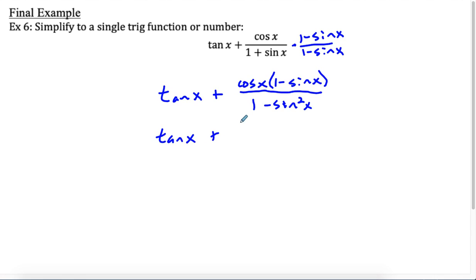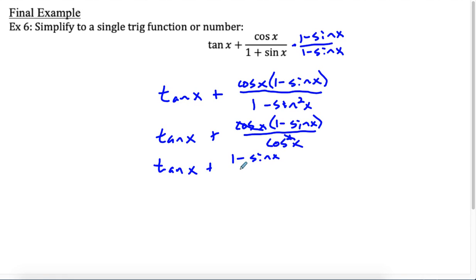So this is going to be cosine times 1 minus sine over cosine squared. Now, this cosine and one of these cosines will cancel. So I'm going to be left with tangent of x plus 1 minus sine over cosine.